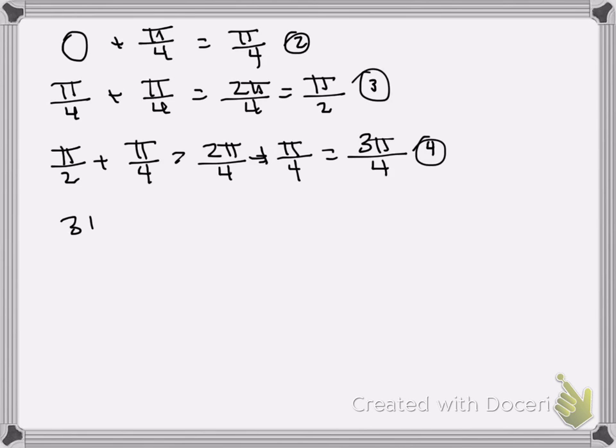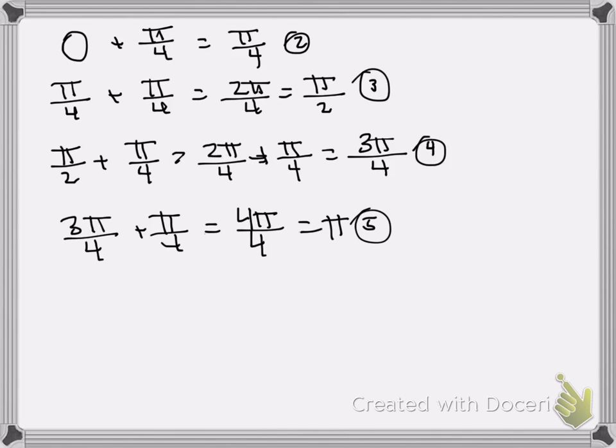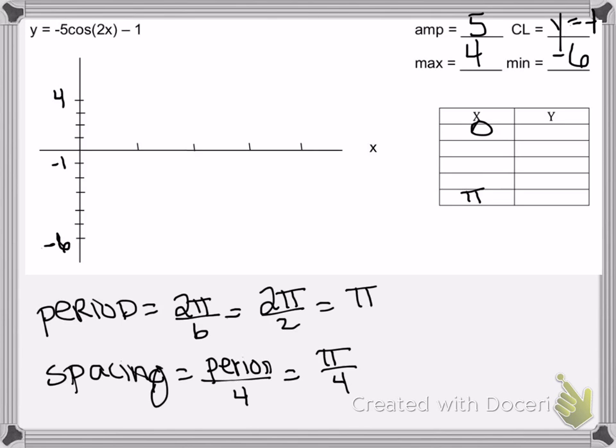And then just to make sure that we haven't made a mistake adding, I can always add it again to make sure that I truly get what my period is, and I do. I get that the last point is pi. So then I go back and fill in my chart. So I have pi over 4, pi over 2, and 3 pi over 4.